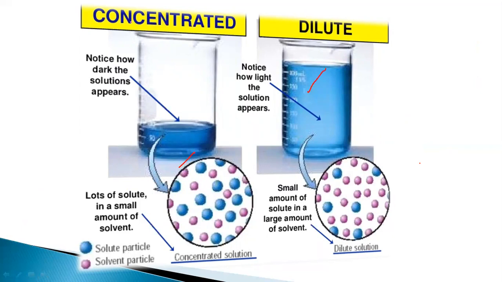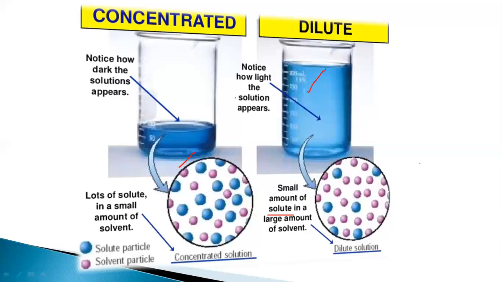First we'll see dilute, then you will understand concentrated as well. Dilute means having a less quantity of solute. Solvent can be more, but a very small quantity of solute is dissolved in the solvent. That is called a thin, not thick, very thin or dilute solution.